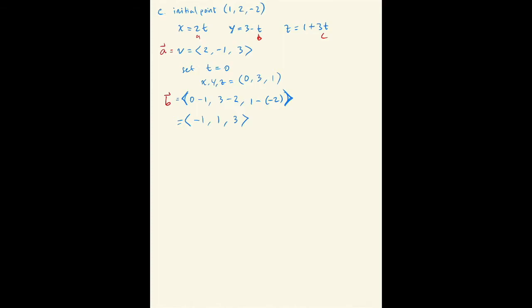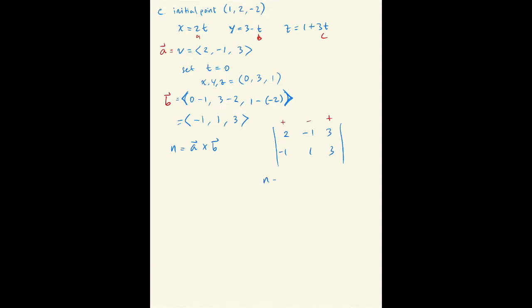To get the equation of the plane, I need a normal vector, and we need to cross these two vectors. So the normal vector is A cross B. Let me write 2, -1, 3, and -1, 1, 3. This is positive, negative, positive.